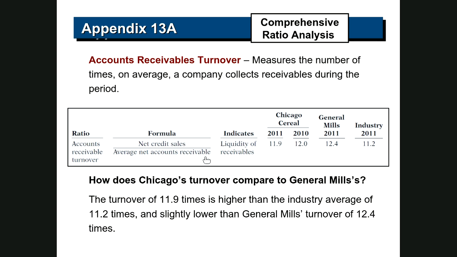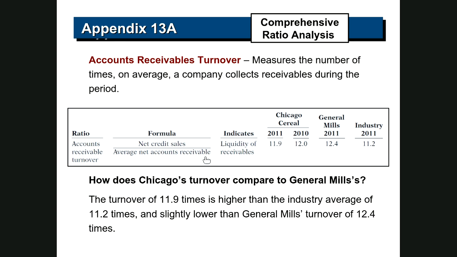What is credit sales? You have two types of sales: cash sales and credit sales. Cash sales are those where the customer pays you cash, they get the item. Credit sales are those when the customer gets the item, you ship it to them, and they will pay later. You only have accounts receivable when you have credit sales.